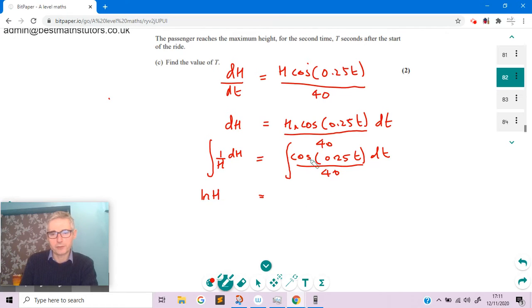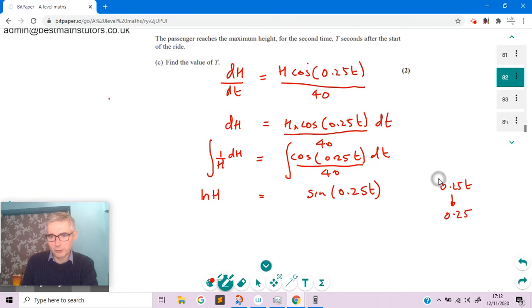Now integrating the right-hand side, the cos of something will end up as sine of 0.25t, but because it's a linear function of t in the brackets, I can take the differential of 0.25t, which with respect to t would just be 0.25.